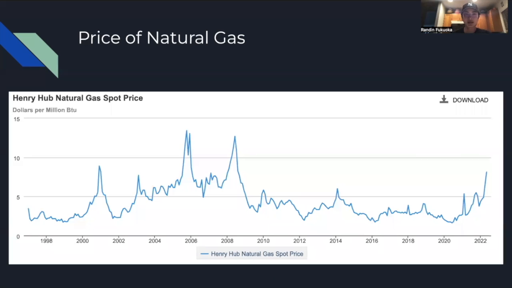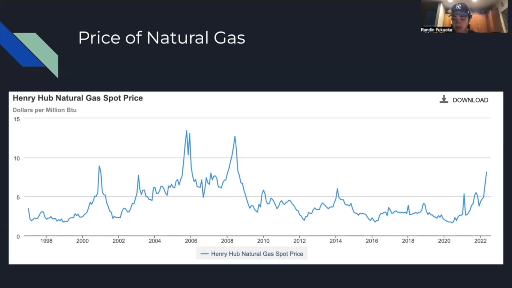So here is a chart of the price of natural gas. As you can see, from 2008 up to 2019, before COVID, prices were steadily decreasing. Prices have been slowly declining, and this is due to more supply being in the area due to technological advancements.